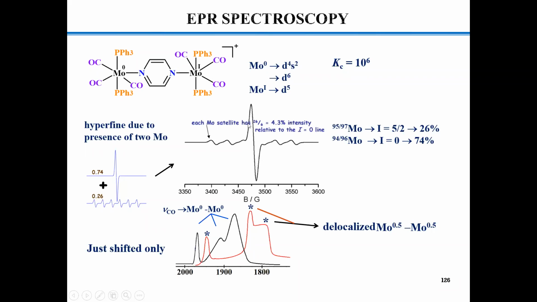We have only considered the metal-based signal. If you consider the simple metal base, you get one strong line because of the 75% moly isotope having I equal to 0, and 25% would appear on both sides. So this is the ideal situation.